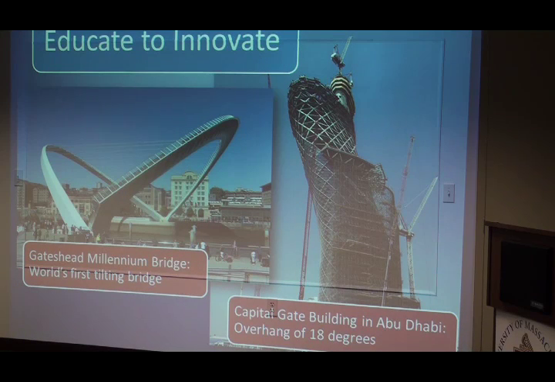It's the world's first tilting bridge, and the designers took a different approach to enable the boats to pass by. Instead of splitting in two, with the two parts of the span lifting clear of the shipping channel, the Millennium Bridge pivots. And the one on the right there is, you can't really see it, the Capital Gate building in Abu Dhabi. It has an overhang of 18 degrees, in contrast to the Tower of Pisa in Pisa with 3.99 degrees.